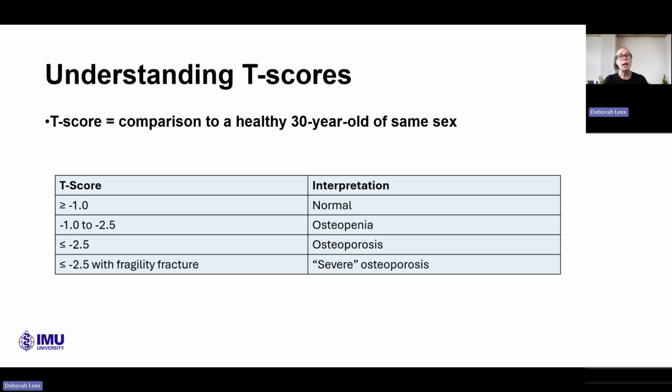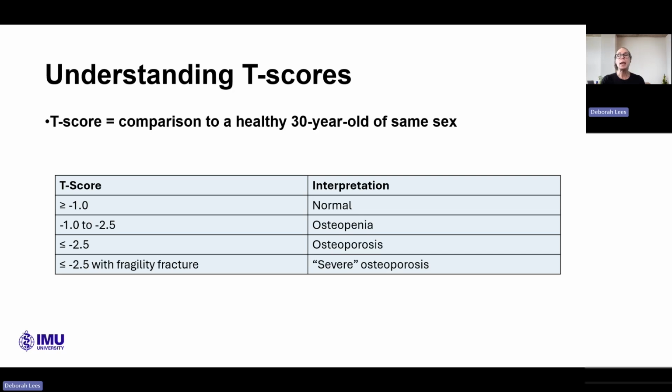And if you are at -2.5 or below and the person has had a fragility fracture, then they are classified as having severe osteoporosis. A fragility fracture would be a vertebral compression fracture or a distal radius fracture. In some units, and certainly in Australia, we include ankle fracture with that as well.